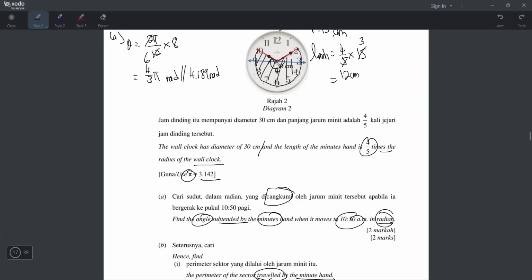Did you notice, our area of sector does not include this outside area, because the minute hand will not reach that spot. Understand? Your minute hand is only 12 cm long. So there is still a 3 cm gap here, and the minute hand won't be able to reach this part.